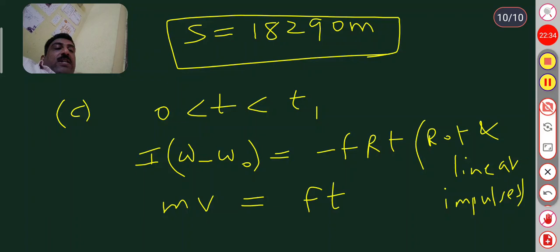These are the rotational and the linear impulses.